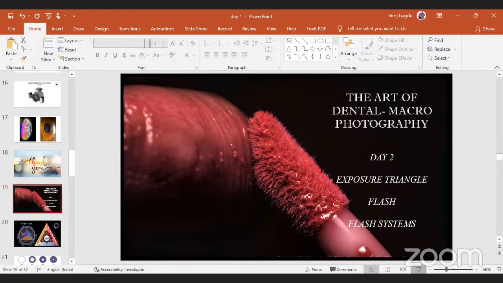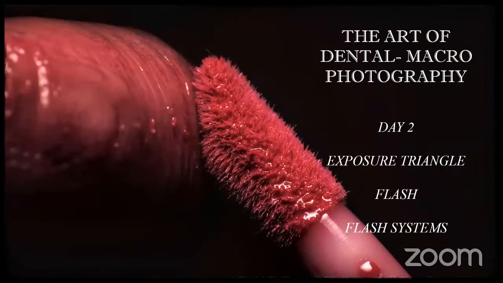Hiroj Bagde sir. Dr. Hiroj Bagde sir completed his master in dental surgery, Department of Periodontology, in the year 2014. He has completed his MBA in hospital management and clinical research from Symbiosis University, India. He completed his PhD in dental science in 2018.